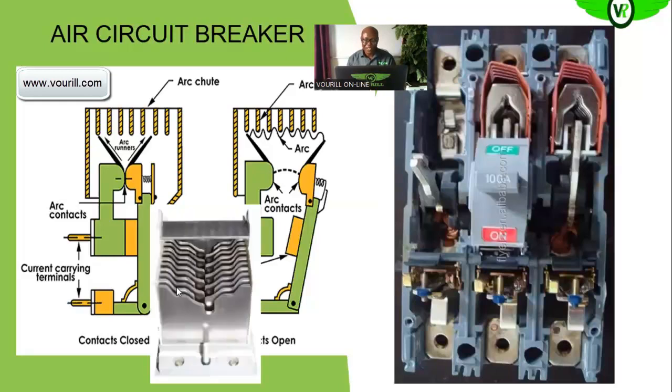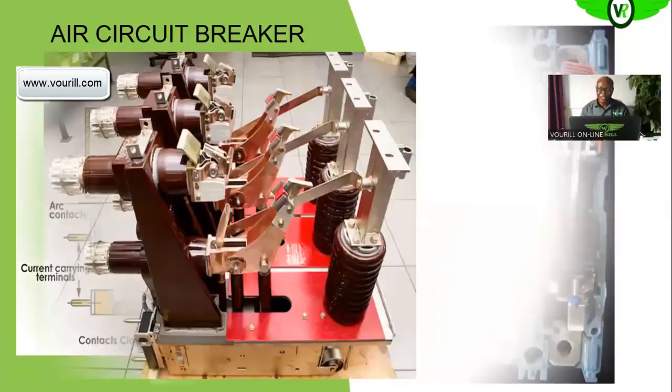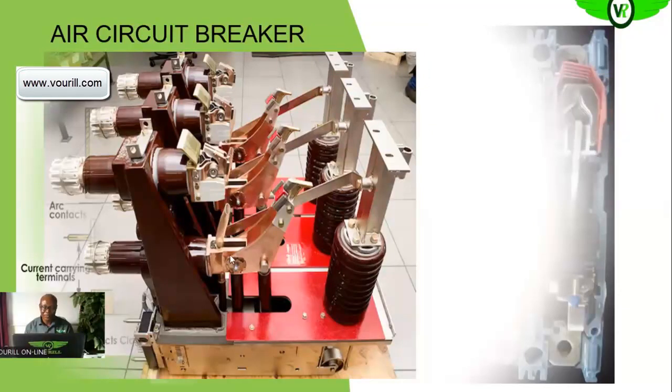This is the arc chute, how it looks when you take it out of this molded case circuit breaker. This is how it actually appears. So this is another form of air circuit breaker. This is a very big air circuit breaker, okay.